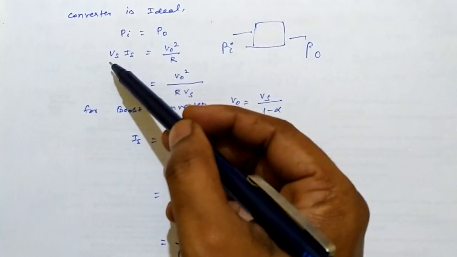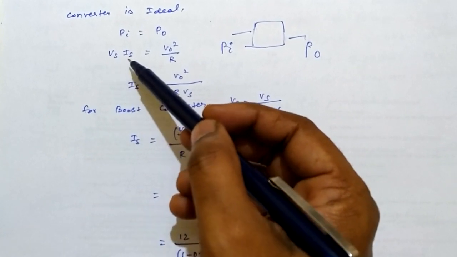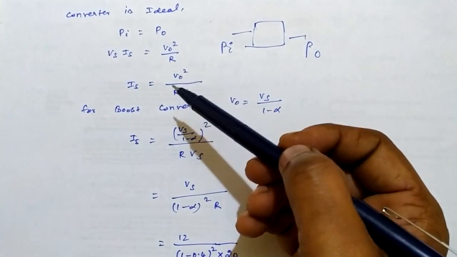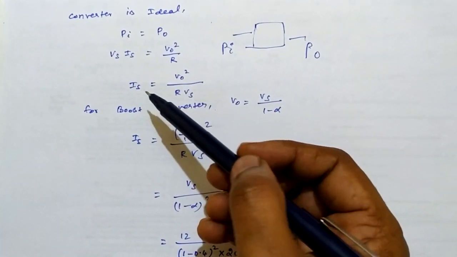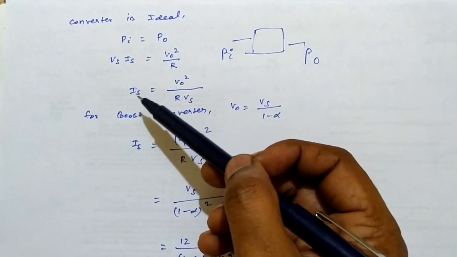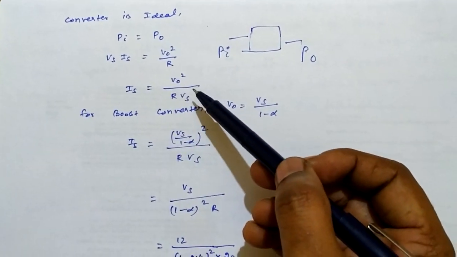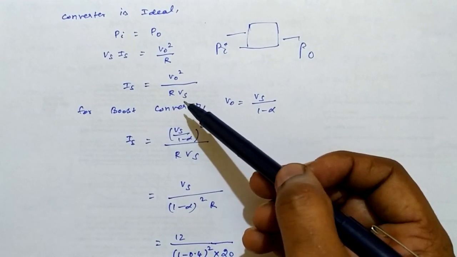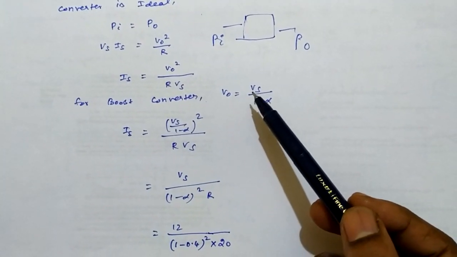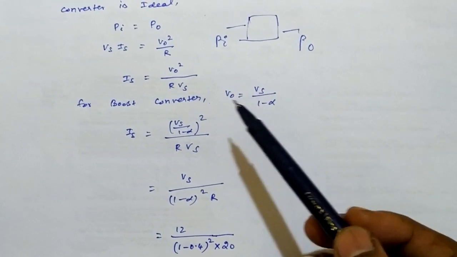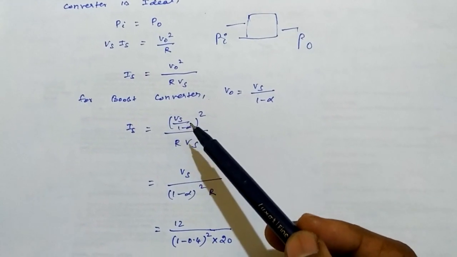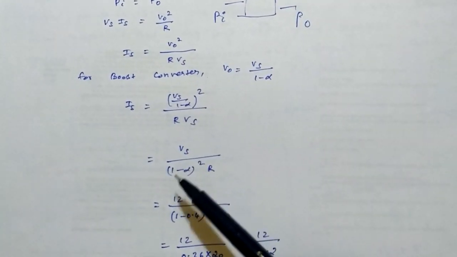Input power is source voltage into source current, and output power is V naught square by R. So from this Is is equal to V naught square divided by R into Vs. For the boost converter, V naught is equal to Vs divided by 1 minus alpha. Substitute this and proceed, and we get the answer Is.